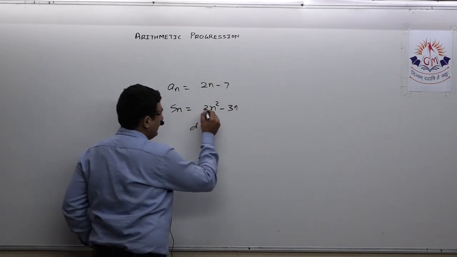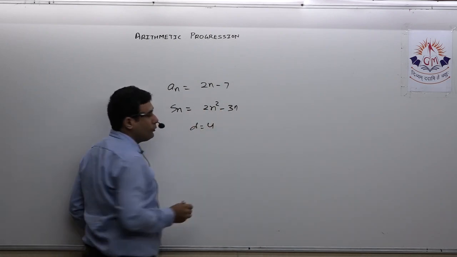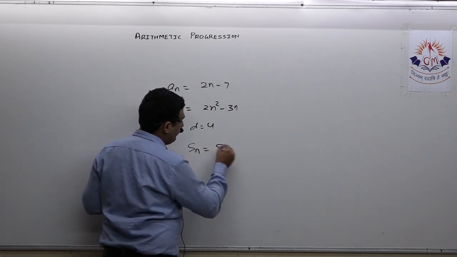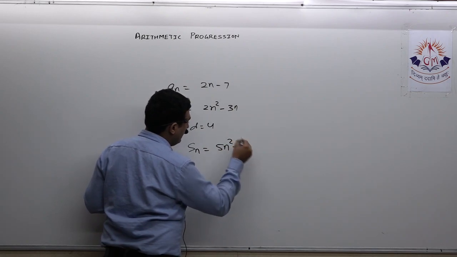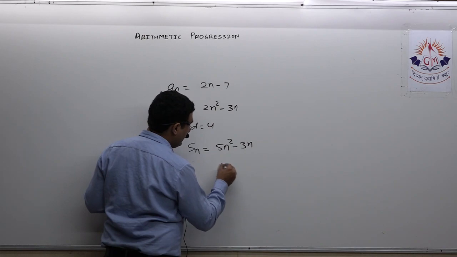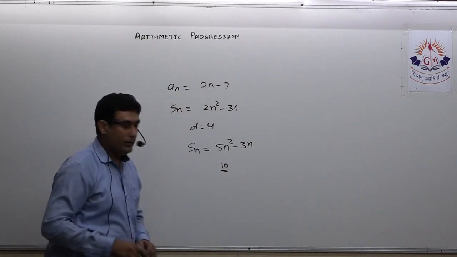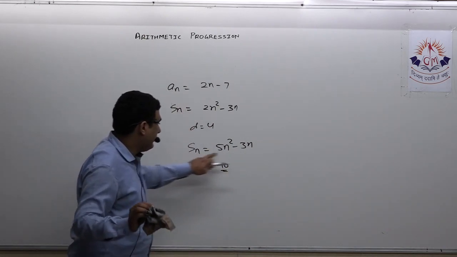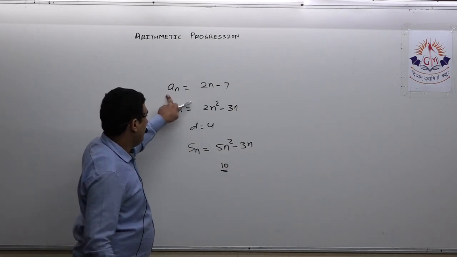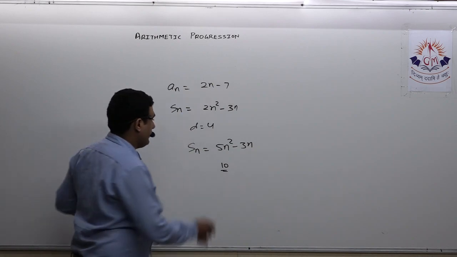For example, here it is 2n square, so the common difference is going to be 4. Suppose I write Sn equal to 5n square minus 3n, then the common difference will be 5 2s are 10. This also represents an AP. If Sn is in the quadratic form, then it represents an AP. If an is in a linear form, then it represents an AP.